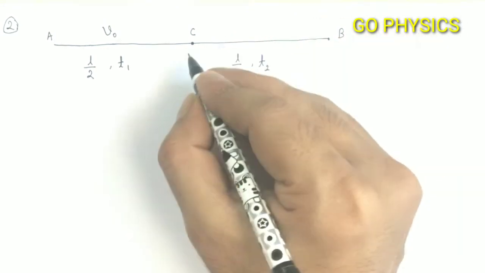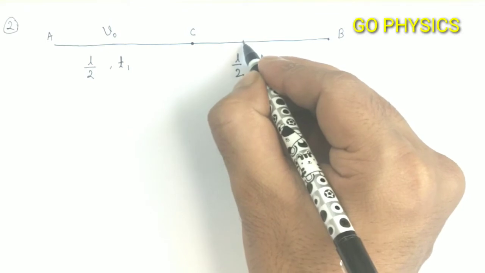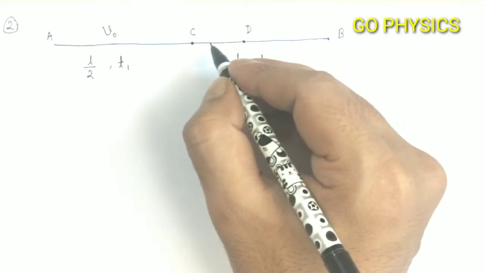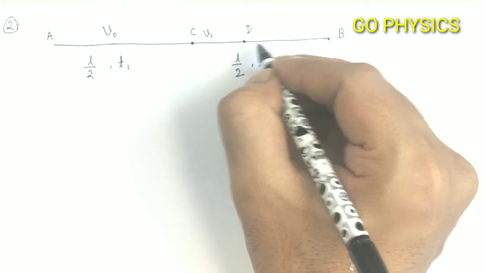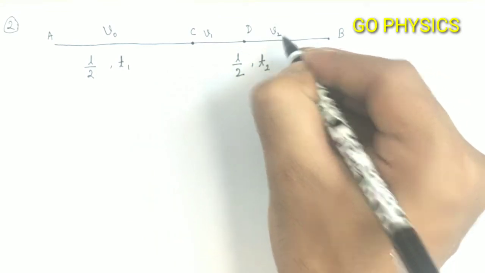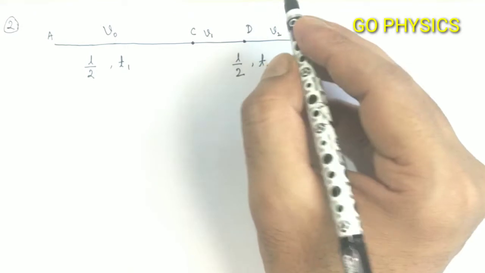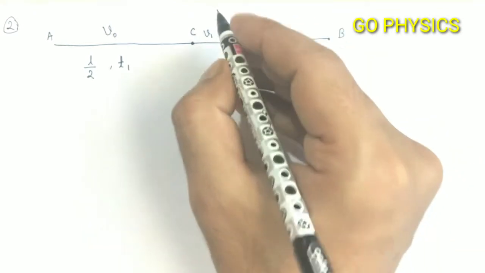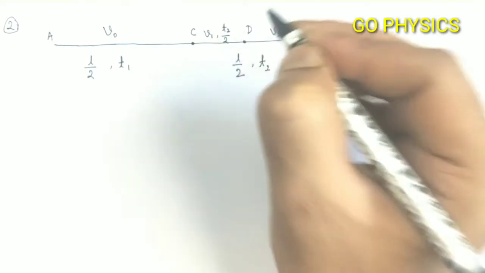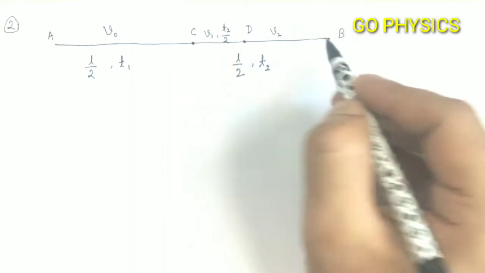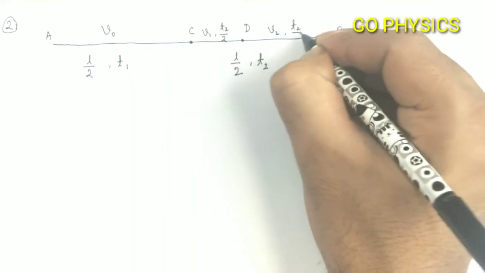Suppose the particle covers the distance CD with speed v1 and DB with speed v2. It is given that it covers CD in a time of t2 by 2, and the time taken to cover DB is also t2 by 2.